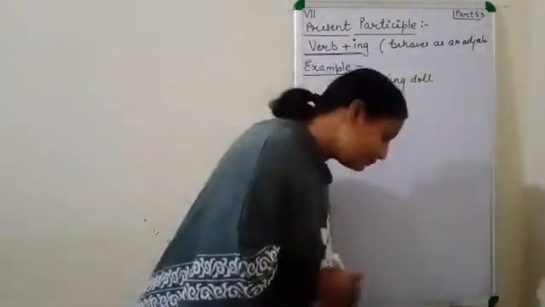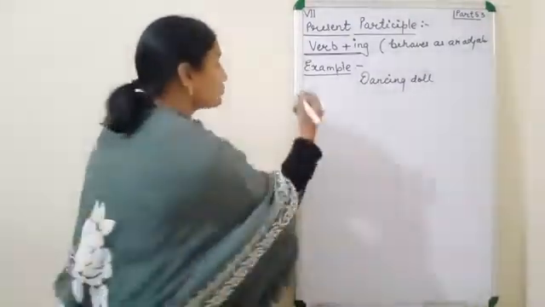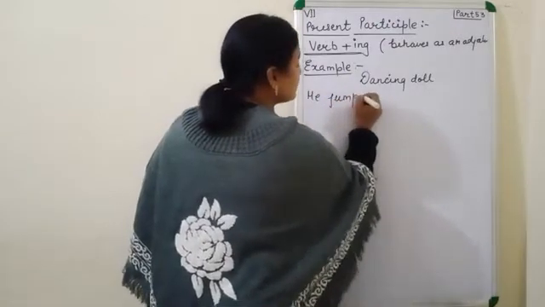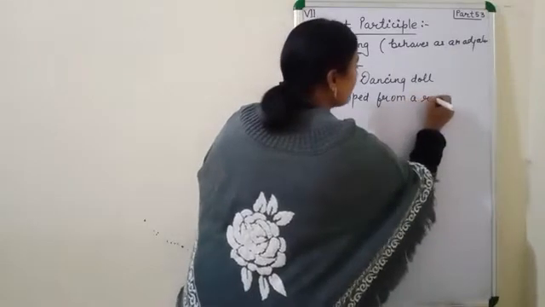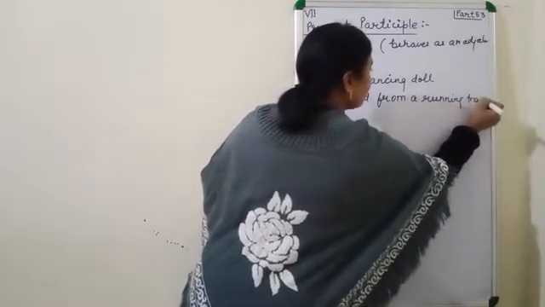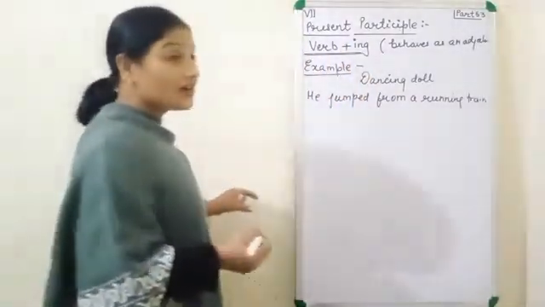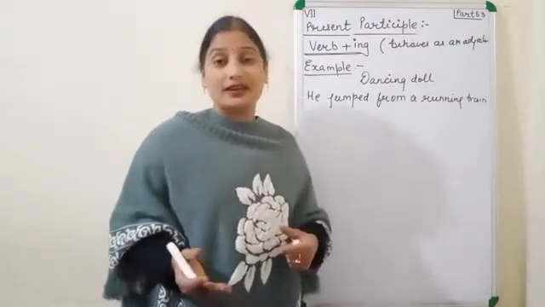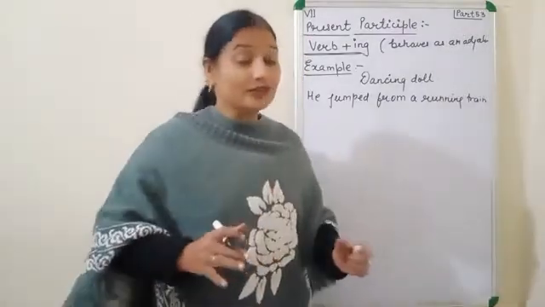Now see some examples. He jumped from a running train. Now, how is the train? The train was running. So, the quality of the train, it was running, it was moving, it was not standing.